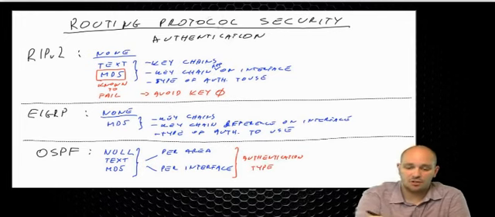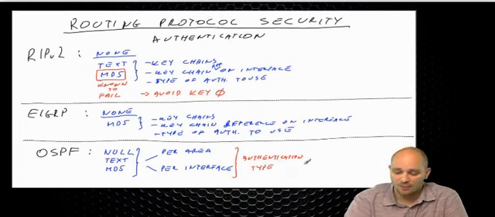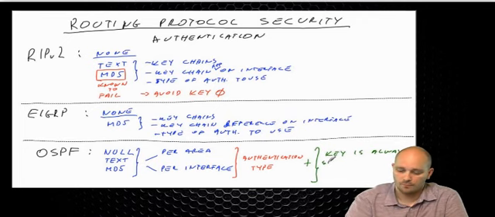In addition to specifying the authentication type, you need to specify the key. And the key is always specified on the interface.